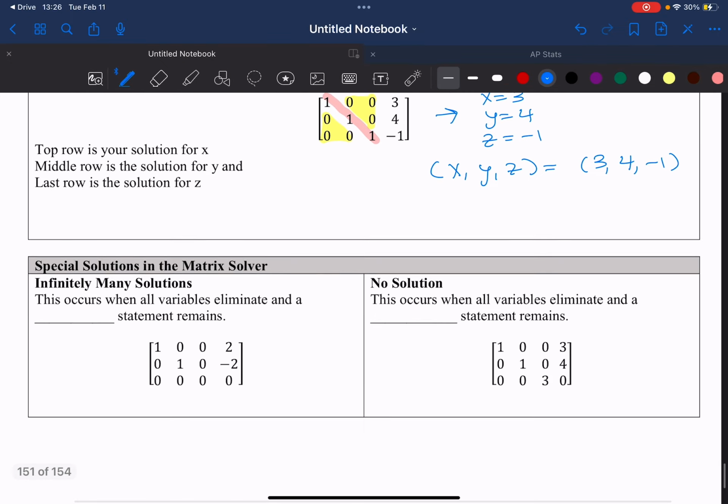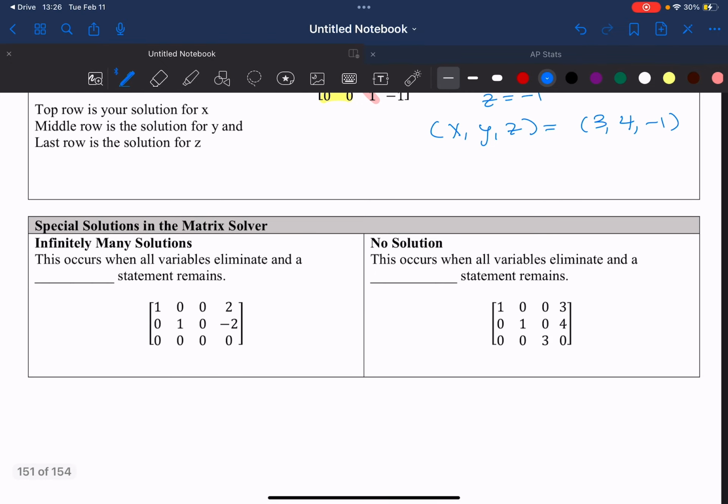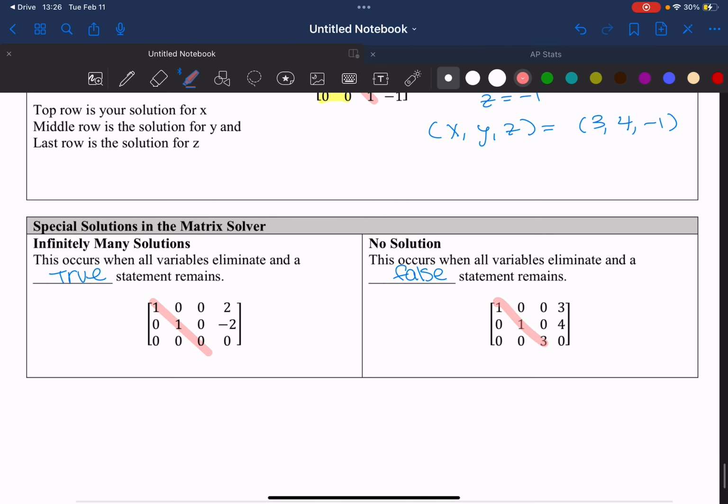Let's say you're doing some examples here, and in these examples, you get some special cases. You can either get infinitely many solutions, which means you get a true statement, or you can get no solution, which means you get a false statement. What I want you to pay attention to here is this diagonal of ones. Notice in this first one, that last row is all zeros. What this is saying is 0z is equal to 0. Well, that's true. So that's why it's infinitely many solutions.